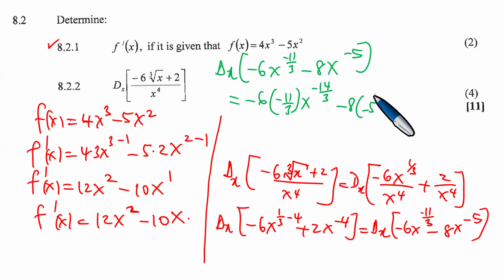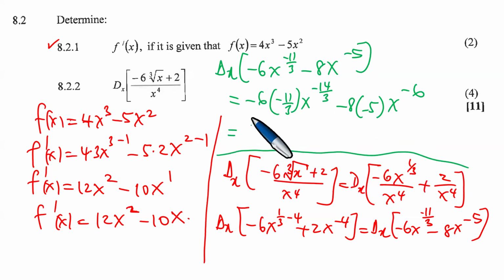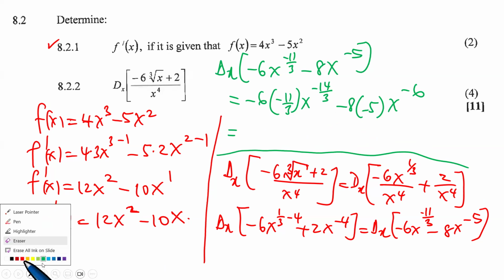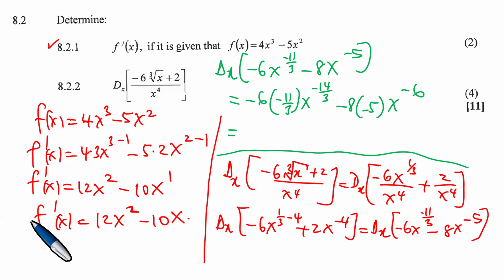Then you bring down the minus 5, x to the minus 6. Which is exactly now, 3 goes how many times into 6? Goes 2 times. And therefore you have the 2, then 2 by minus 11, right, so minus 22, x to the minus 14 out of 3 plus 40.